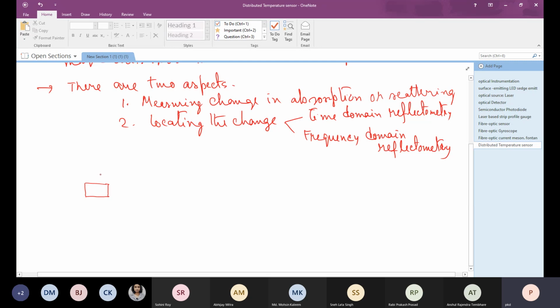Only thing here we will do it with light, that is a laser, and this laser is usually a pulsed laser diode. Depending on the requirement of the wavelength, the wavelength of the laser diode is chosen, and depending on the doping of the optical fiber.